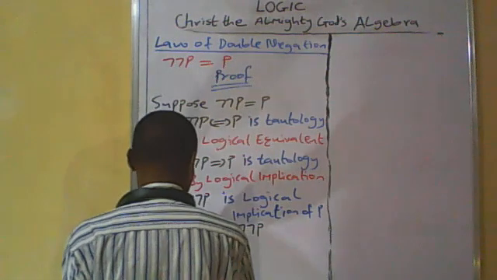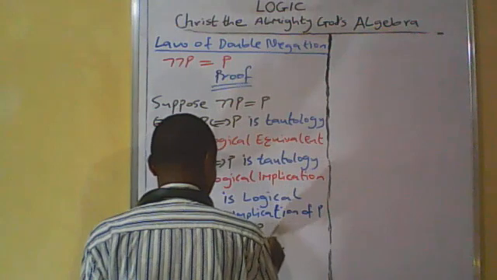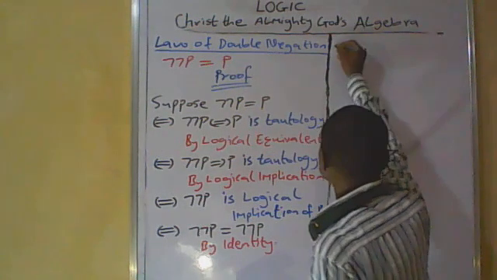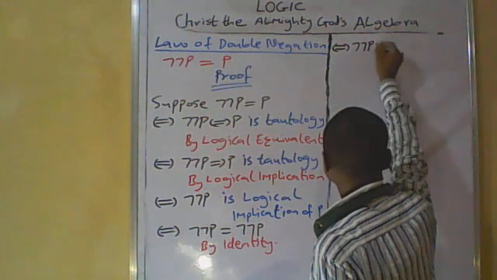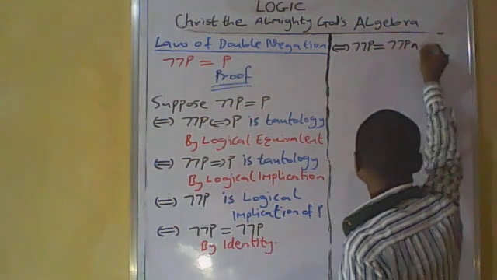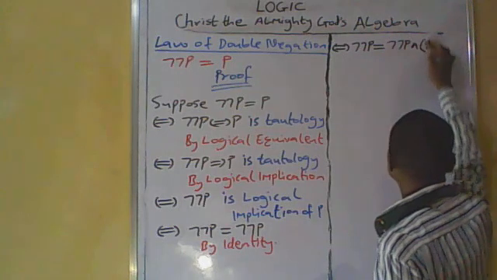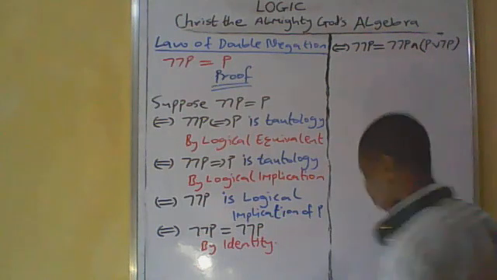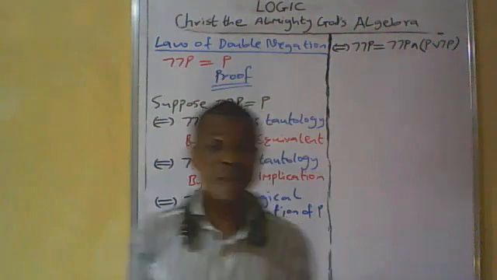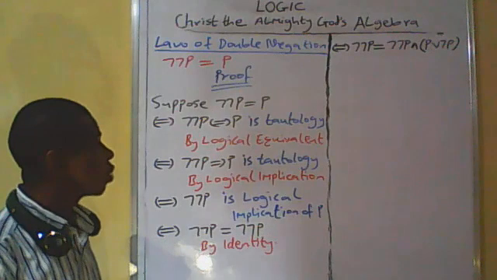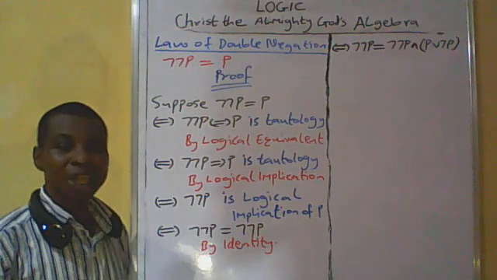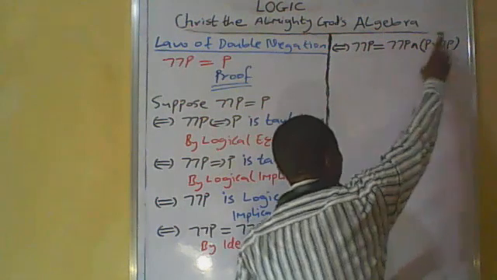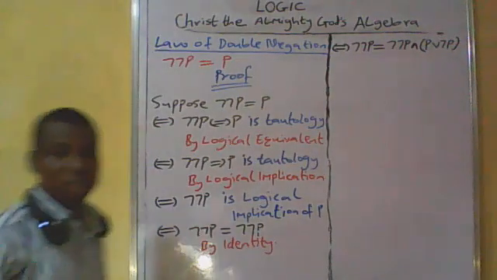Being justified by identity. So if and only if not P is equal to not P and bracket P or not P. Now we say, if and only if not P is equal to not P and bracket P or not P. That means we AND the right side of the equation with P or not P, which is equivalent to T. And whenever a tautology is ANDed with any statement, that statement is the result.